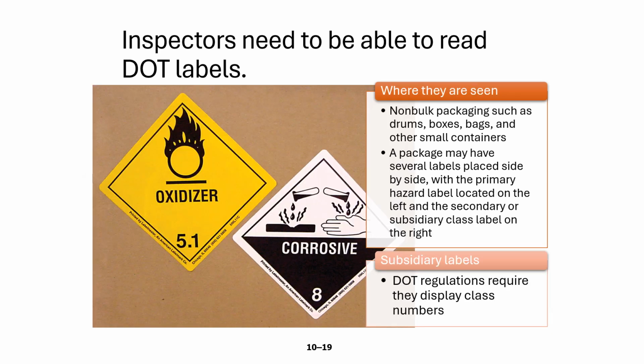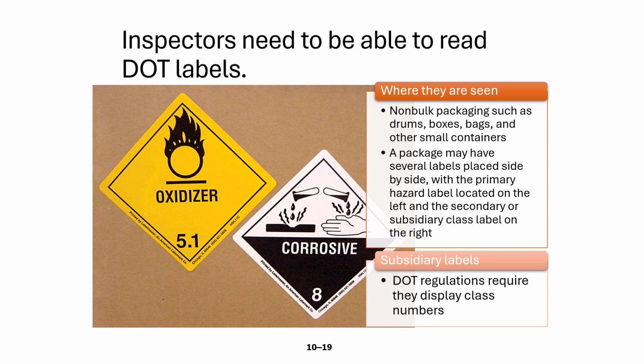Unlike placards that may only be used on the outside of large transport containers, labels are used on non-bulk packaging such as drums, boxes, bags, and other small containers that are normally located inside facilities. When they're used in this manner, an inspector can immediately identify hazardous materials or dangerous goods.